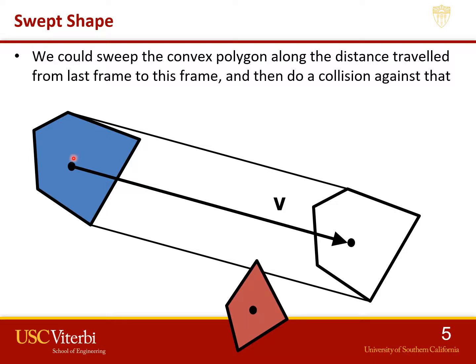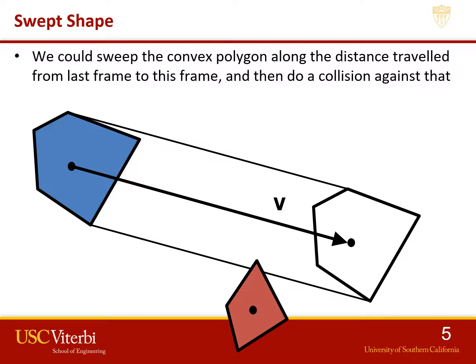We say that the polygon started here, it ends at this location, and if we have a convex polygon sweeping to another location, the shape that it sweeps through is also a convex polygon, right? If you just think of it, all you do is connect the outside edges of the original position and the new position, and you'll get an overall convex polygon.